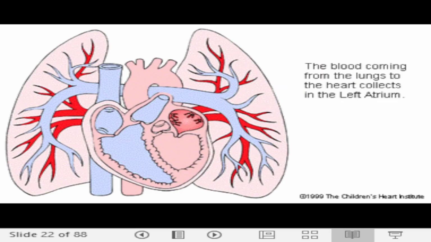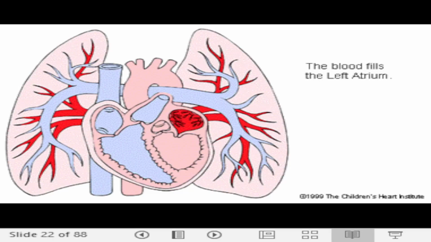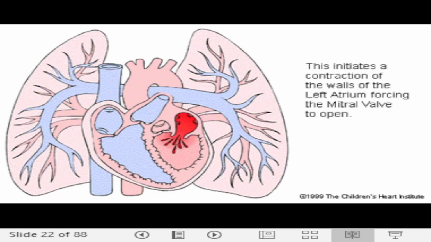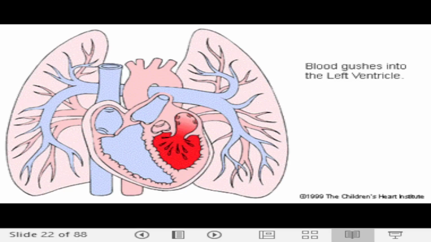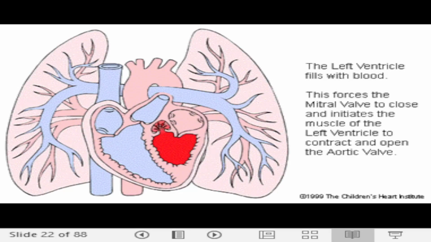So let's trace again the flow of blood using this animated illustration. Here, the blood now fills the left atrium. Then the mitral valve opens, then the blood, rich in oxygen from the lungs, enters the left ventricle.